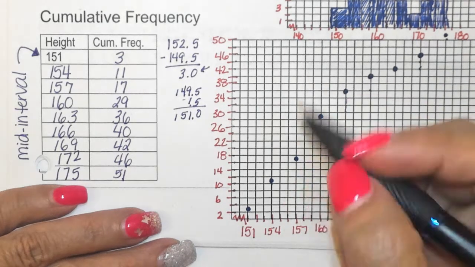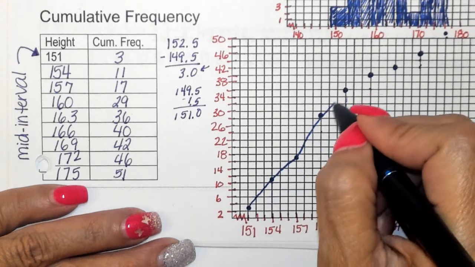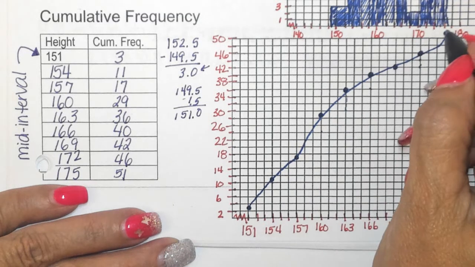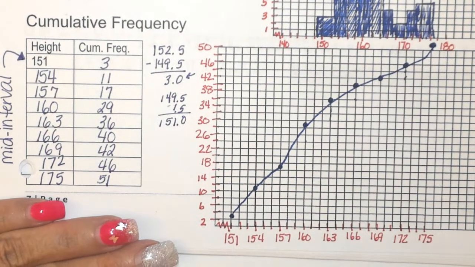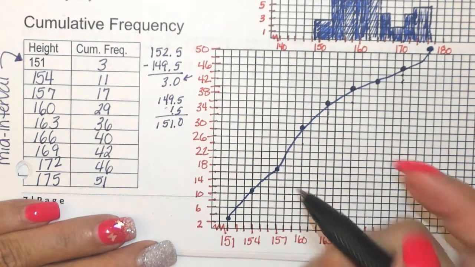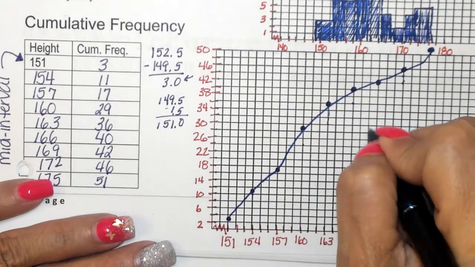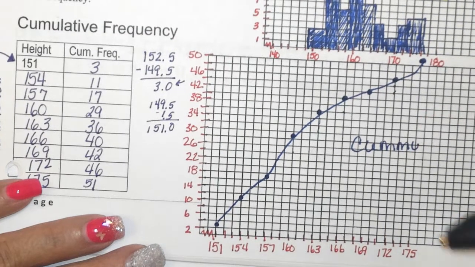Okay, we are going to connect this. Okay, that was a little bit off there at the end. That is a cumulative frequency graph. Remember when you see cumulative, oh, it only has one M. Oh, I'm sorry.